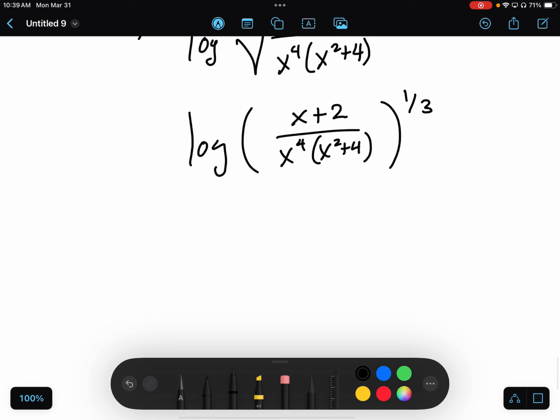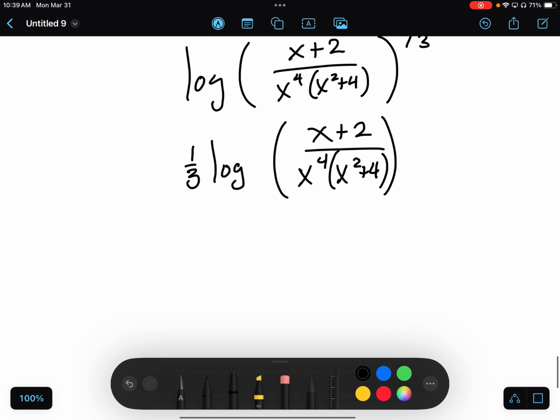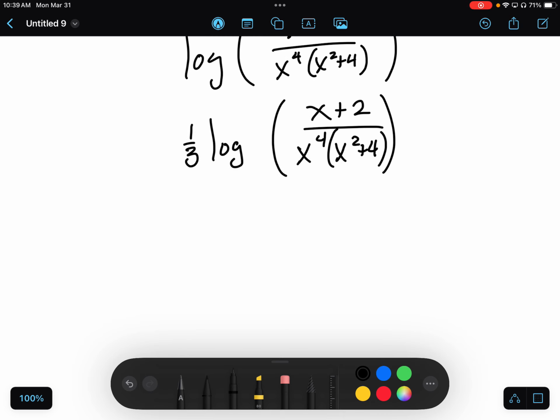And again, I could go two different routes with this one. I'm only going to go one route on here, not going to show you both, but either way you would get the same answer. I'm going to move the 1/3 to the front of it right now. And now I'm going to split. Remember, division is the same as? Subtraction.